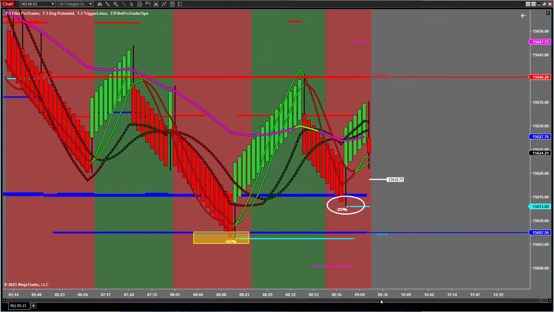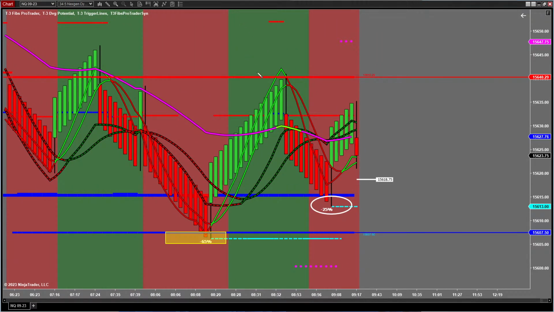The bad news is we also have resistance that's holding like a champ, which puts us into the it might get choppy range, because half of the fibs say we're going down, half of them going up, and now our trigger lines are kind of mismatched. So there's not really much to do.